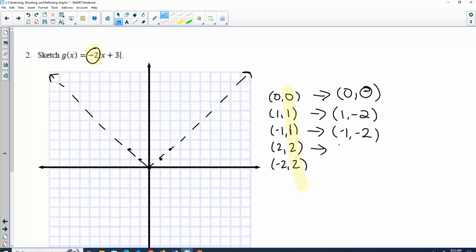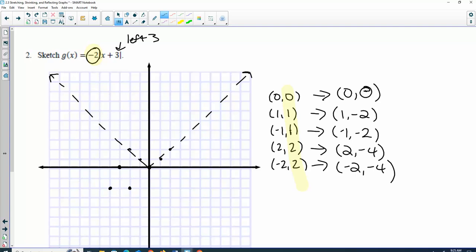And you can do extra points if you want. Then, what's the +3 going to do? Okay, so 0, 0 would stay, left 3. 1, 1 goes to 1, -2, left 3. -1, 1 goes to -1, -2, left 3.